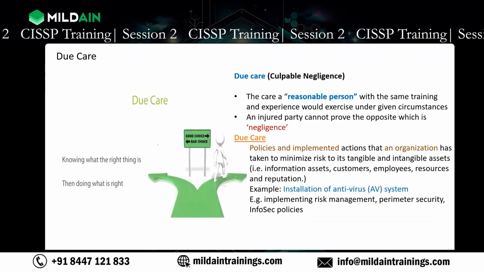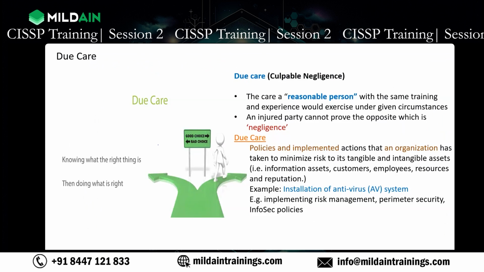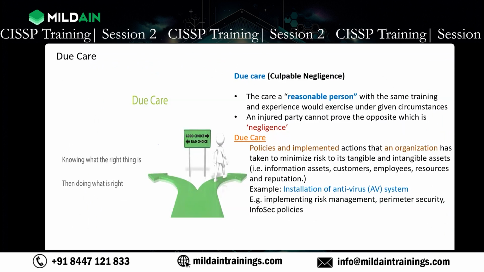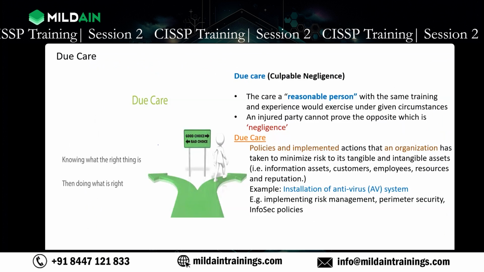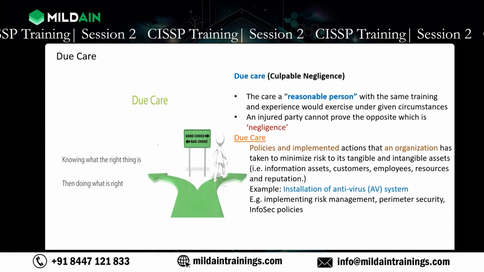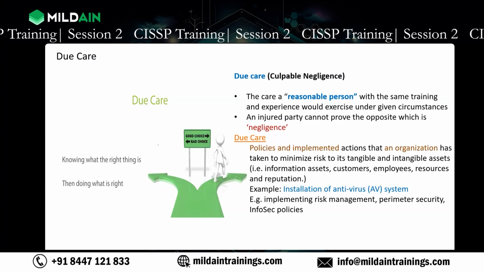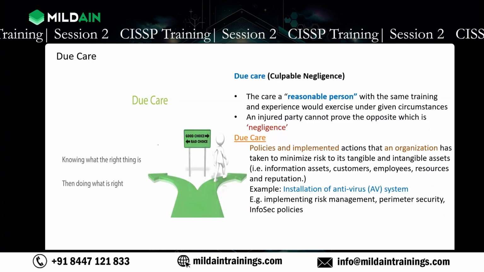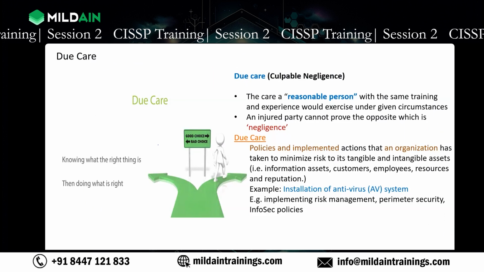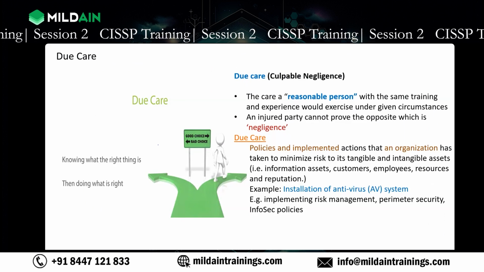The next one we have is due care and due diligence. Due care is nothing but a security person taking care of the organization's structures or practices. For example, if a cybersecurity engineer is working on a vulnerability or antivirus system, his job is to make sure that he has, say, 2,500 endpoint systems so that he scans the devices.